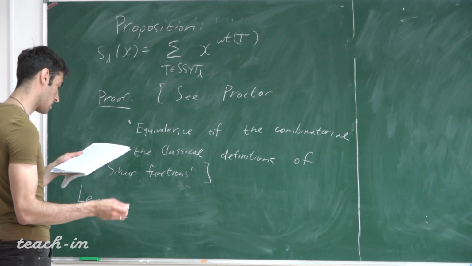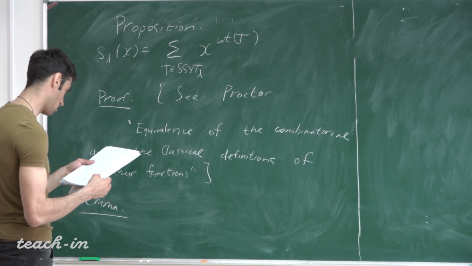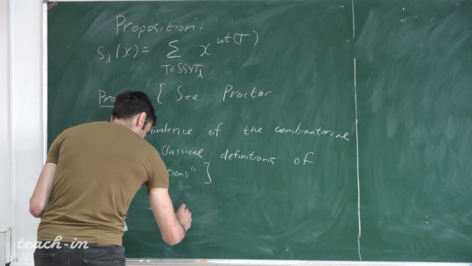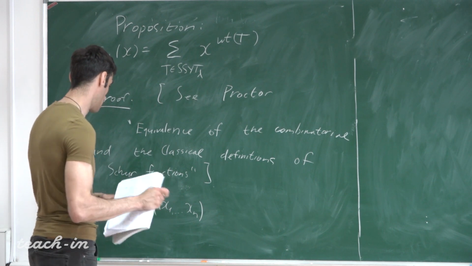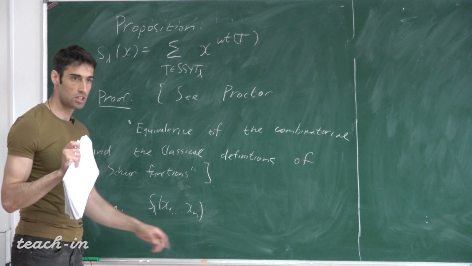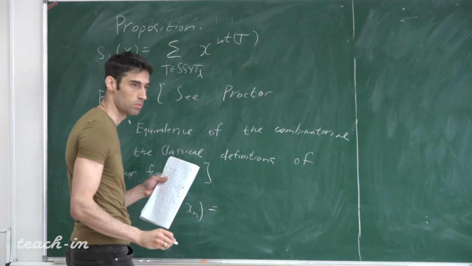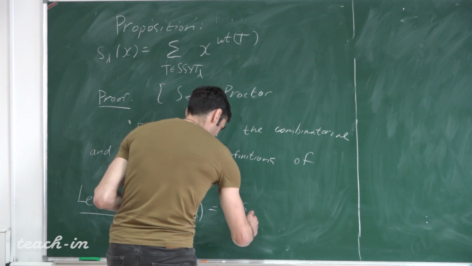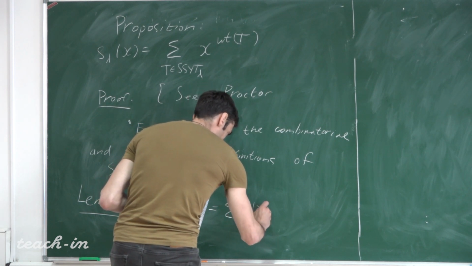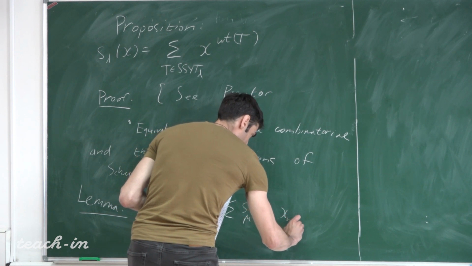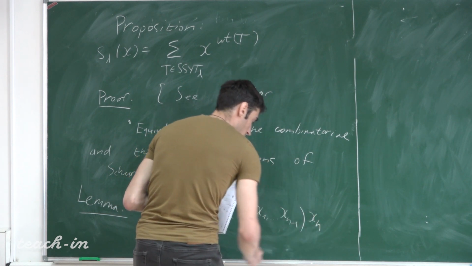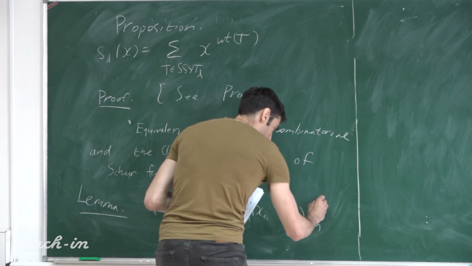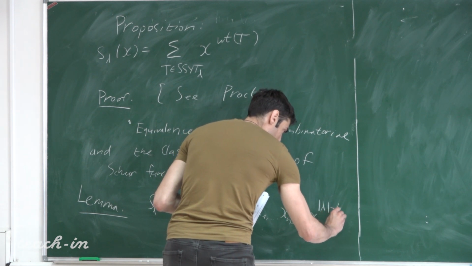Lemma: how to express the Schur function S lambda of x1 through xn, a Schur function of n variables, in terms of Schur functions of the first n minus 1 variables. It is the sum of S mu of x1 through x n minus 1, times xn to the power lambda minus mu.